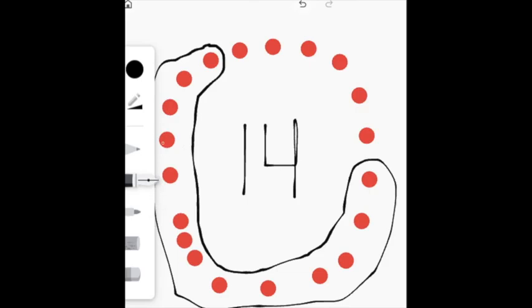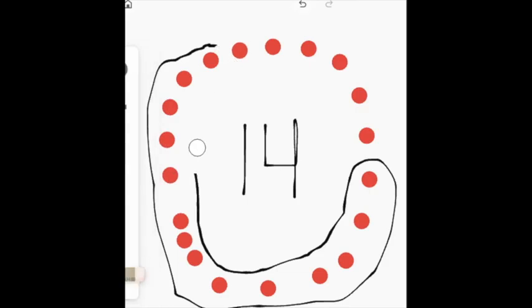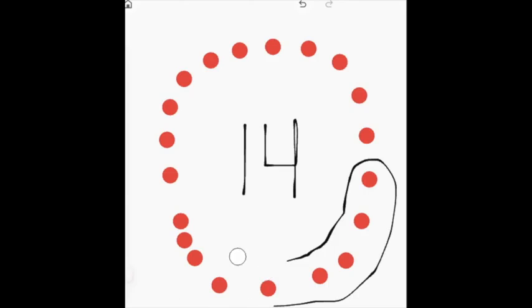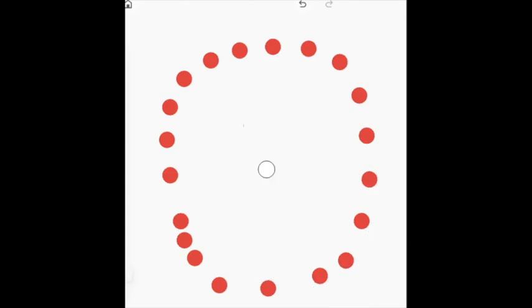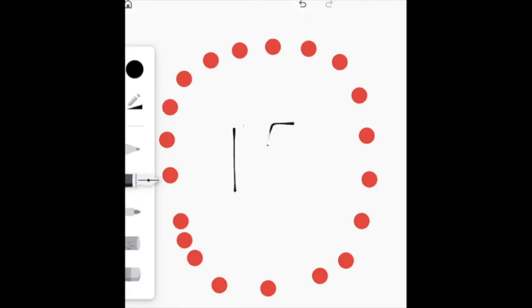Now let's change our number from 14 to 18.